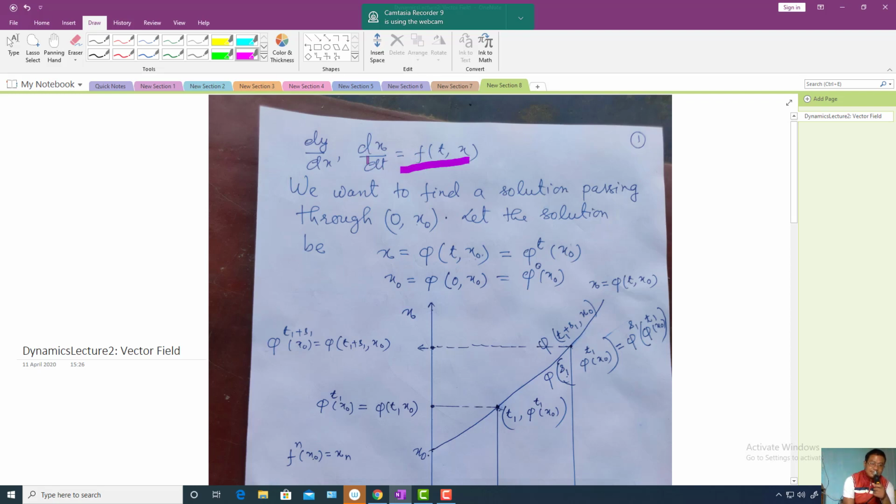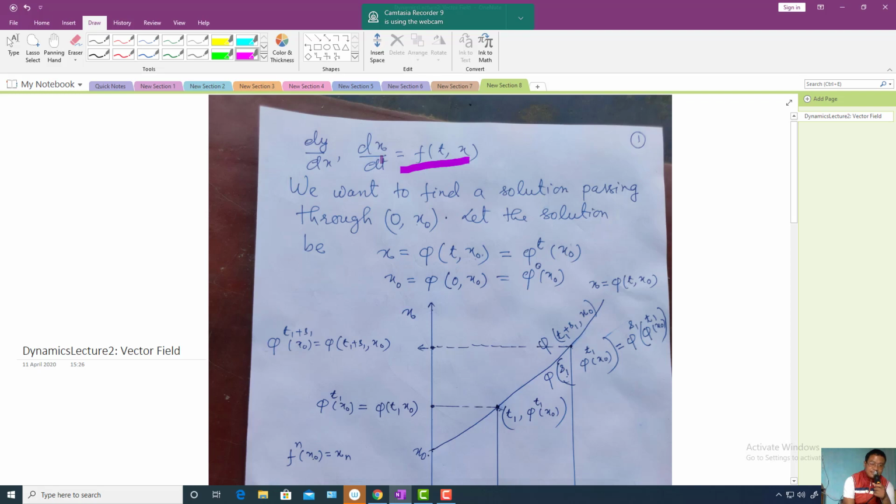So this dx by dt, from elementary calculus we know what it is. Suppose at the initial point, in this function you put the values of t and x and evaluate the function, you get a number, and that is equal to dx by dt. And this dx by dt is the tangent to the curve. This gives you the slope at that point of the curve.